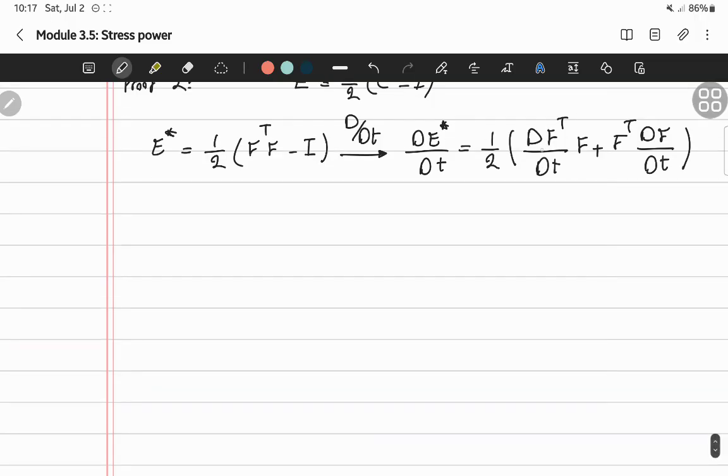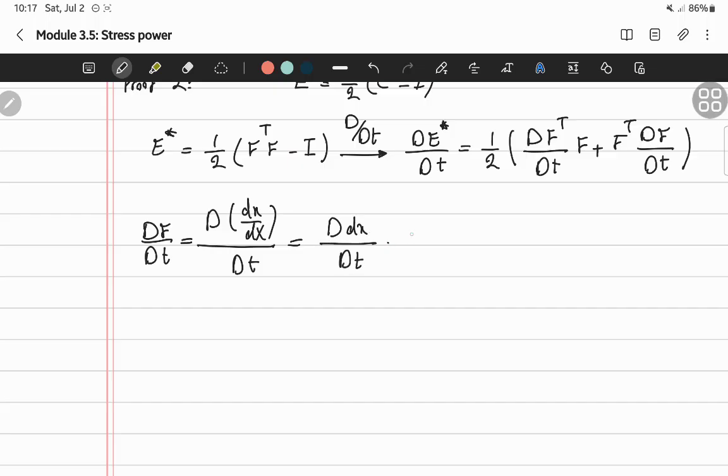Right, so now we have to find this df dt. We know that df dt is equal to d of dx d capital X dt, which becomes dx dt times 1 over dX, plus d of dX over d capital X, which, since it is constant, becomes 0.